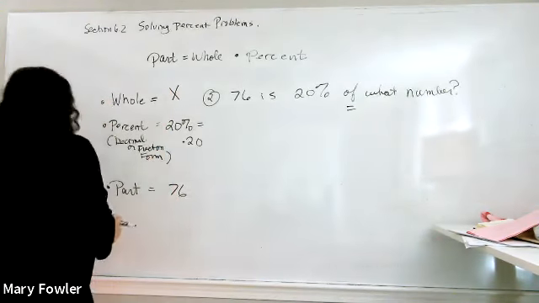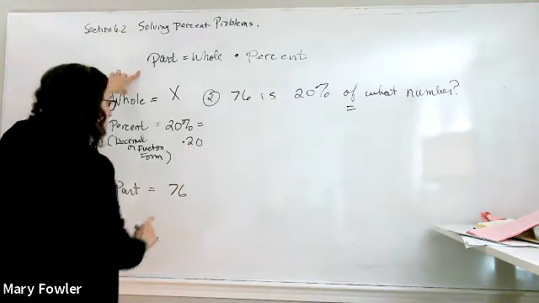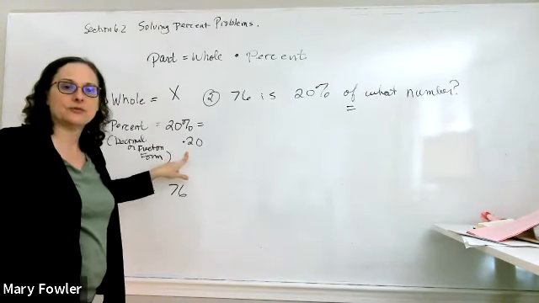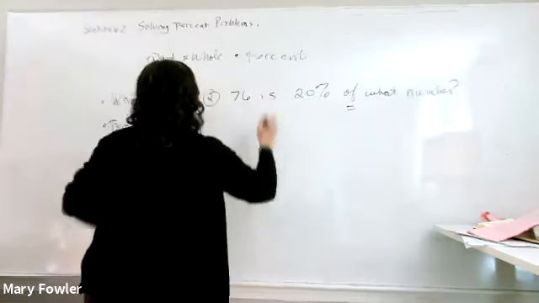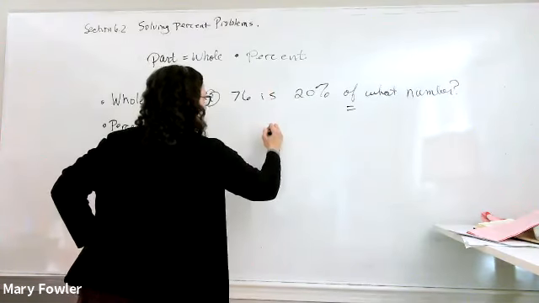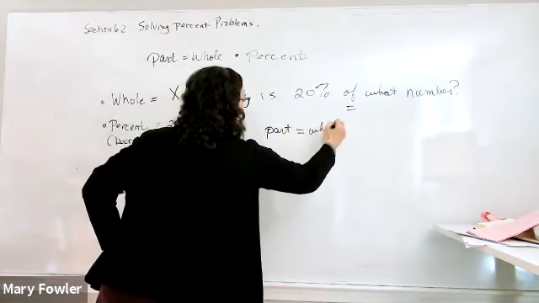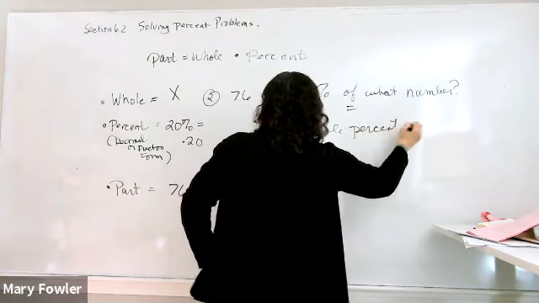Okay. So let's go ahead and substitute into the percent equation. We're going to make sure we use the decimal or fraction form of the percent. Okay, so part is equal to whole times percent.